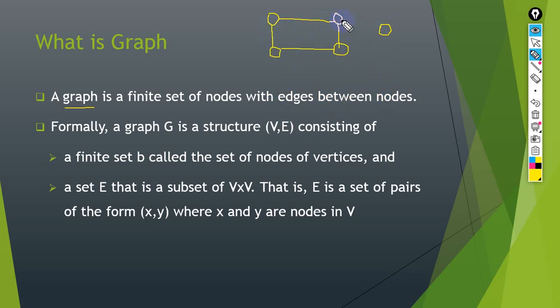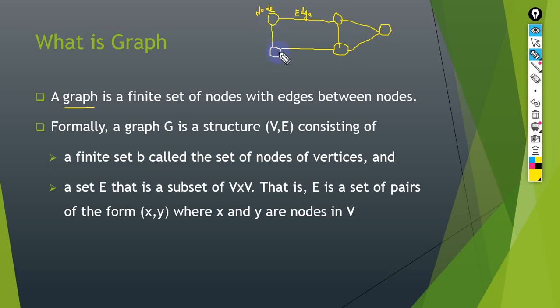Edge is spelled E-D-G-E. This is an edge, and we can say this is a node.